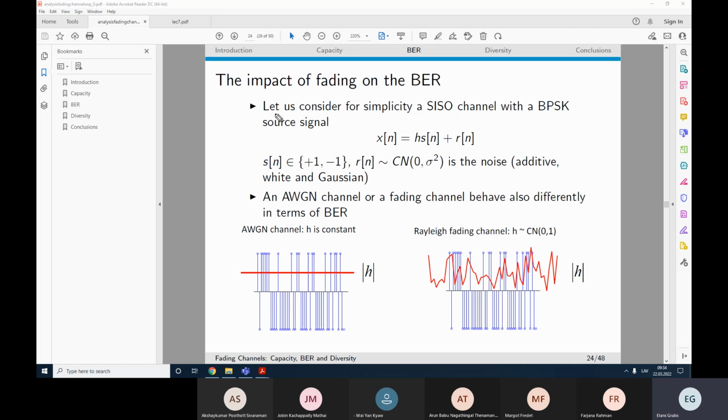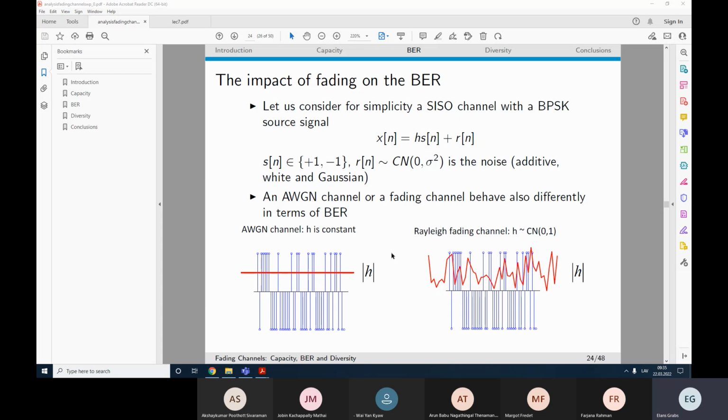So for a Rayleigh fading channel, the level of the amplification for the channel isn't really constant. For the Rayleigh channel, you can clearly see that this level H changes over time, and it changes quite fast. That's the problem of these Rayleigh fading channels, and as you imagine, this will lead to many more errors.